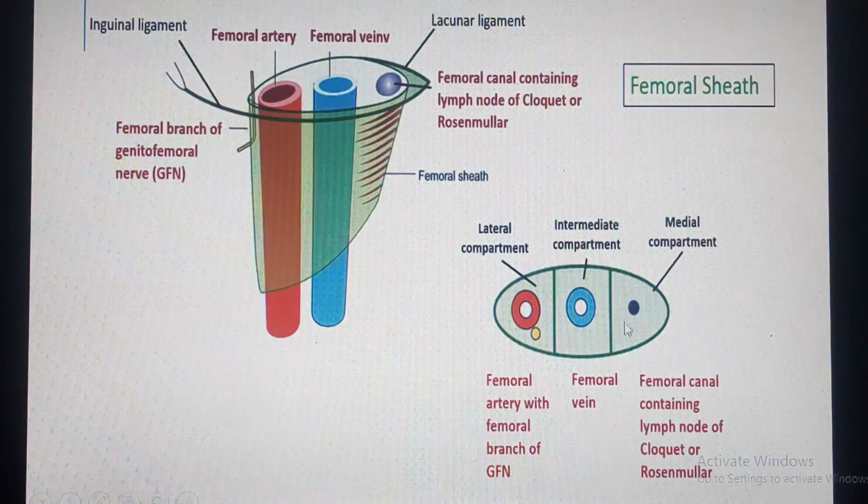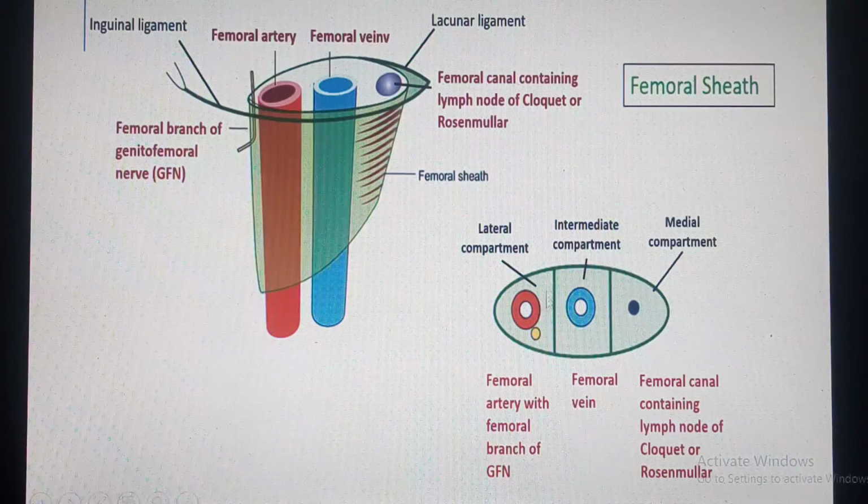So that is what we are going to see. This medial compartment will also be referred to as the femoral canal. So the femoral canal is part of the femoral sheath, where we are going to find the deep inguinal lymph nodes.